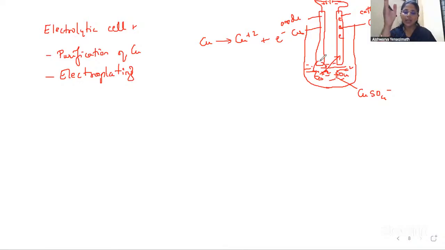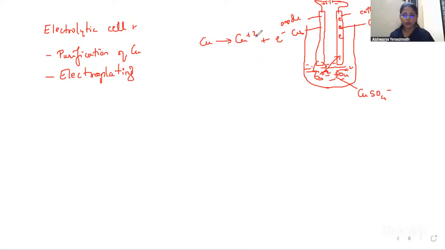So what's happening at the cathode? Cu2+ from the solution is going onto the cathode, gaining the electrons. Gain of electrons is reduction, and we always know that reduction, red cat, occurs at the cathode. Clear with this picture? Come back to the anode. What is the story of the anode? At the anode, copper will lose 2 electrons to form Cu2+.